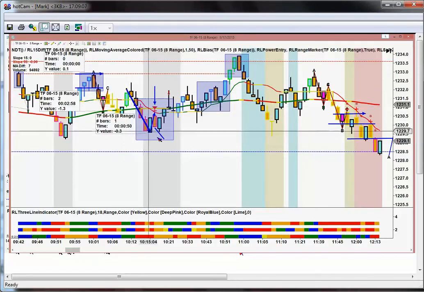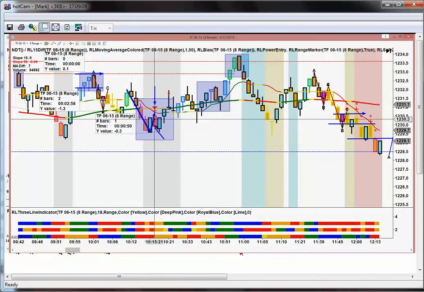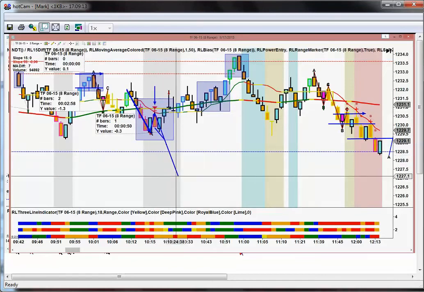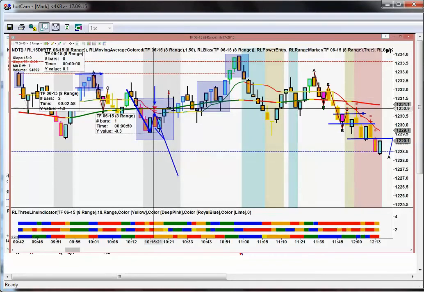Now, here's a trade I wanted to show you where the trade failed. You had a move to the downside. There's your retest, and you expect the trade to go down. Background bias, 50 is yellow, 15 is red, confirmation with order flow and momentum.